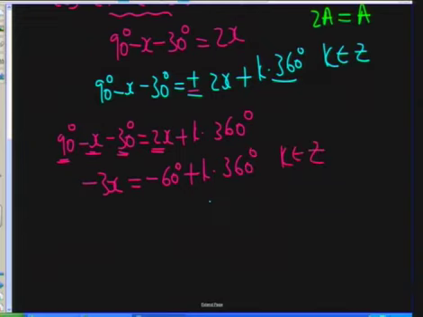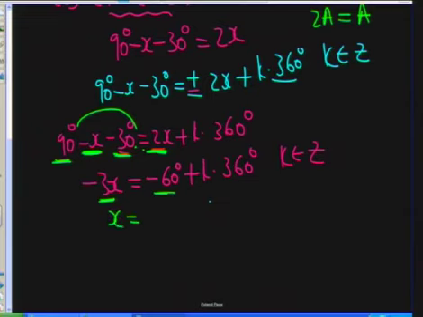Let's see how do I get this. I took minus x, which is this side. I move the 2x, which changed the sign into minus 2x, therefore minus x and minus 2x, you get minus 3x. 90 minus 30, which is 60 degrees. I move the 60 degrees this side, I get minus 60. Remember, we need x, so I have to divide by minus 3.